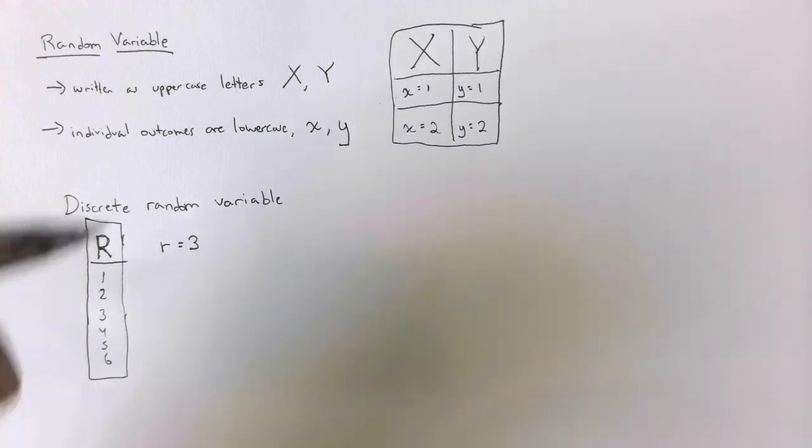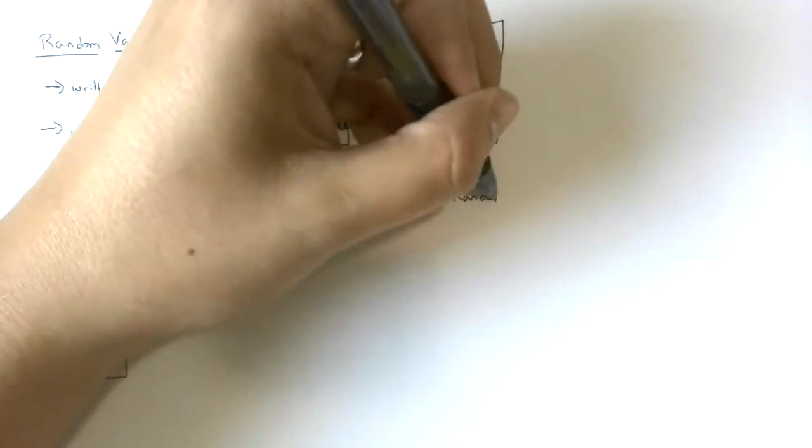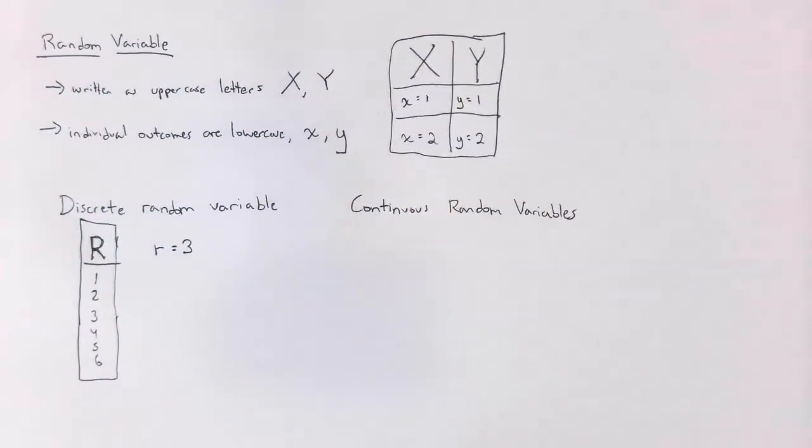Now, on the other hand, we have continuous random variables. And those give me ranges with no gaps in between. For example, in the area of the number of scratches on a surface, I could call my continuous random variable the length of the scratch.